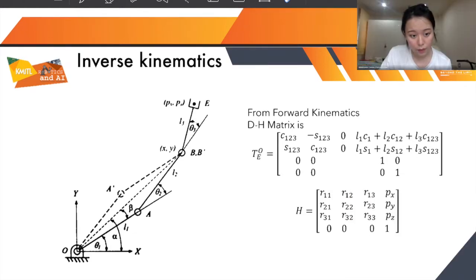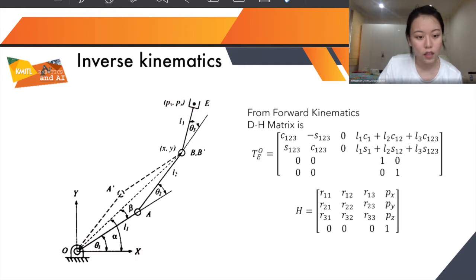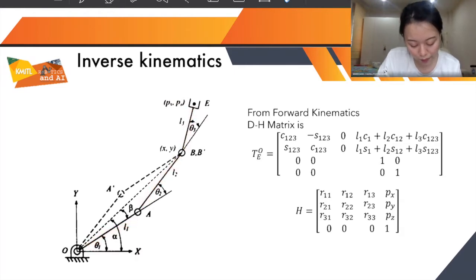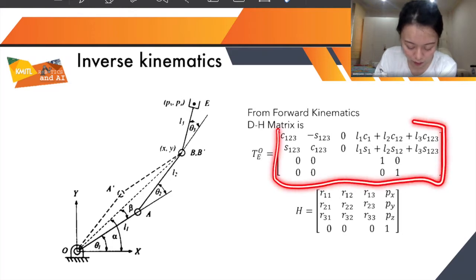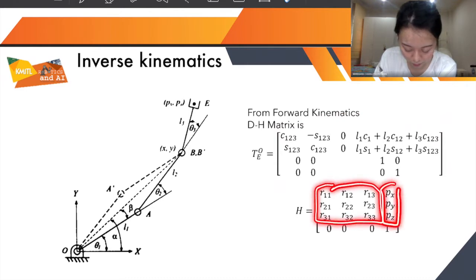For the algebraic method we will go through the planar robot. Consider a simple planar robot with 3 links L1, L2, and L3. We can find the DH matrix or the homogeneous matrix from the forward kinematics. You will get this matrix to find the rotation matrix and the end effector points.